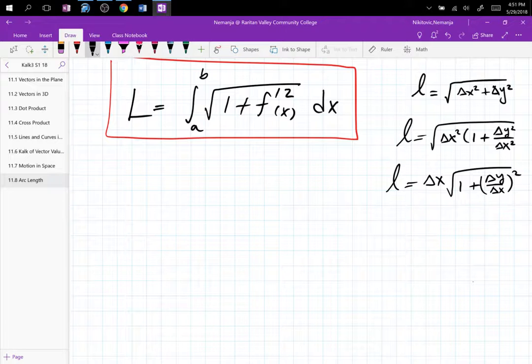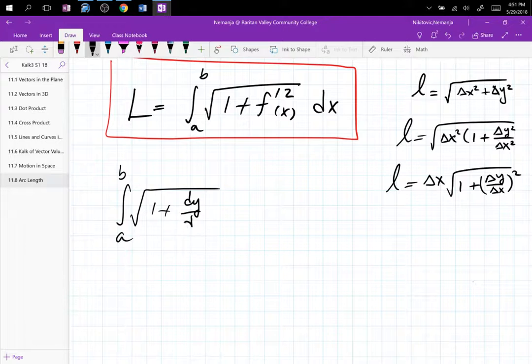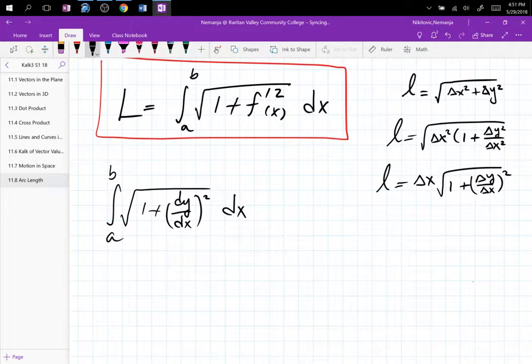So I'm going to take the integral from a to b, square root of 1 plus f prime, let's write it as dy dx squared, dx, and I'm going to multiply this with dt over dt.